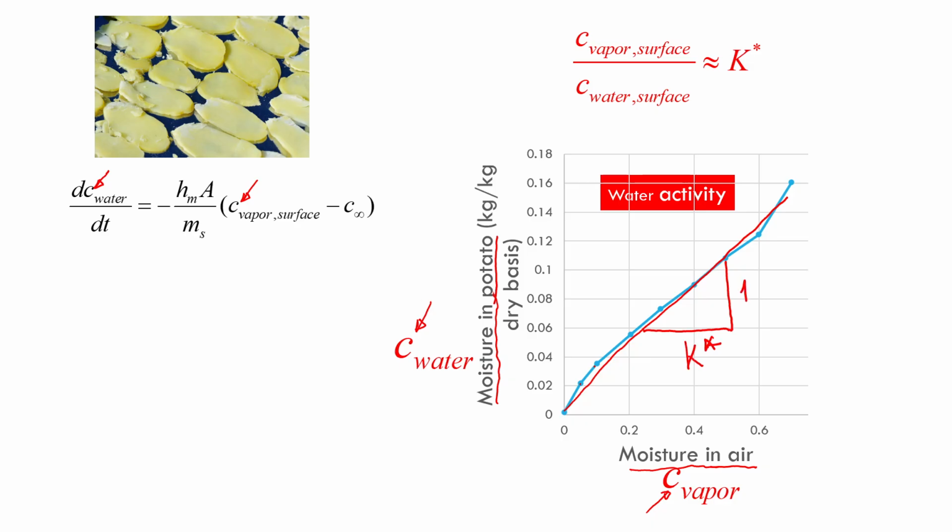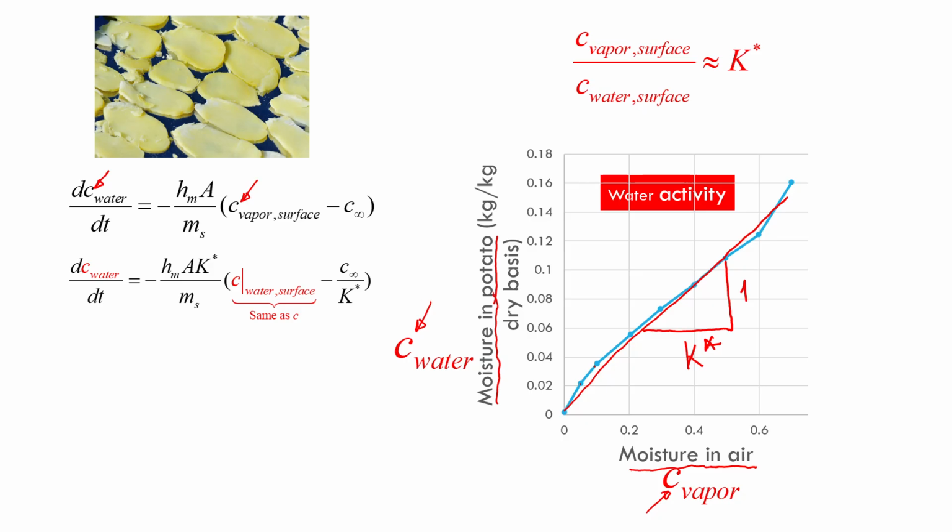The concentration of vapor divided by the concentration of water, both at the surface, is related by this K star that comes from experimental measurement. It has to do with equilibrium between these two phases, the solid phase for water and the gas phase for water, which is the water vapor.